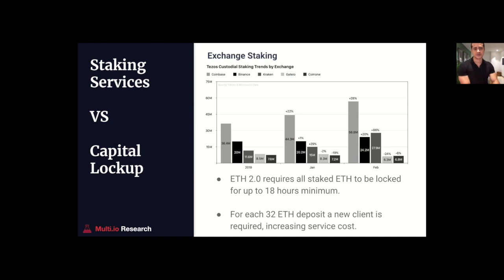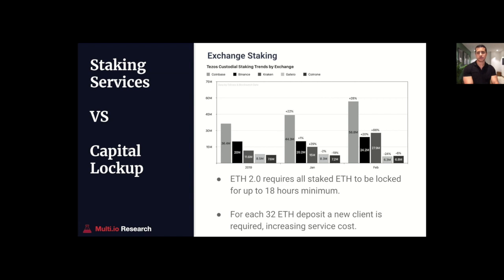And this brings us to staking services, which is another center of centralization that we're seeing around proof of stake blockchains. For example, on Tezos and Cosmos, users can delegate their balances to block producers without having to lock up their capital. So the exchanges can easily offer staking services by auto-delegating every deposit while maintaining the user's balance completely liquid.